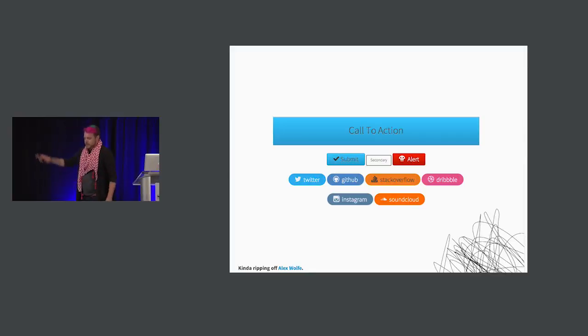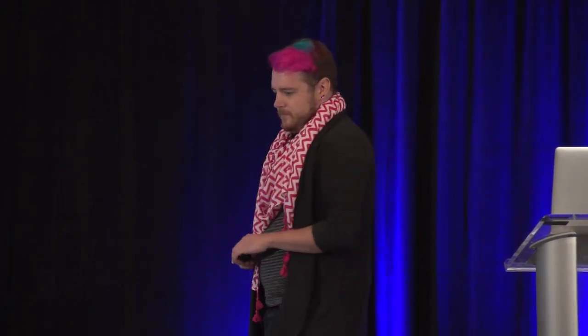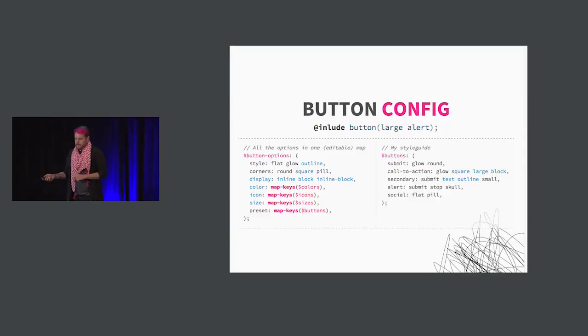So that's the goal. These are the buttons I'm going to make, and having said that we're going to let you make your buttons, I stole these from Alex Wolf, roughly. But I tried to build a system for it that you can easily adapt and very quickly put your own styles into it. So in the end, it's going to look something like this.